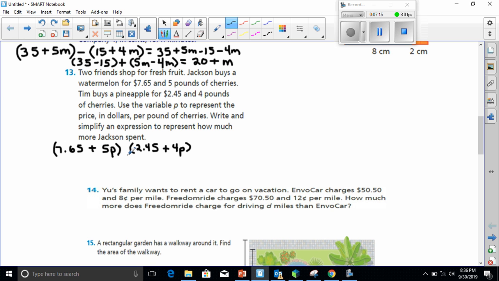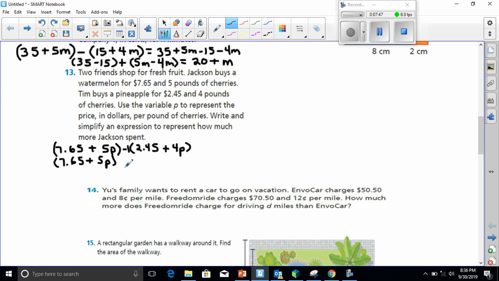Write and simplify an expression to represent how much more Jackson spent. Well, Jackson's the one that bought this, so we're going to be subtracting Tim's amount from Jackson's. Once again, we're going to have to take all these numbers and turn them to opposites, right? Because we're really multiplying by -1 here. So this is going to be 7.65 plus 5p. That doesn't change. And now we're going to subtract.